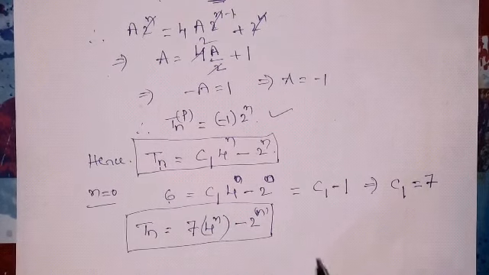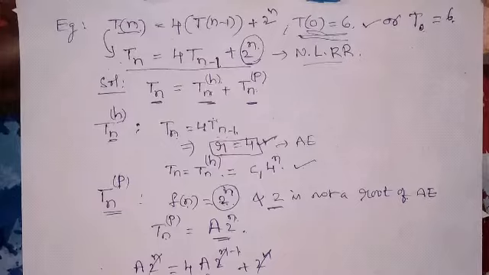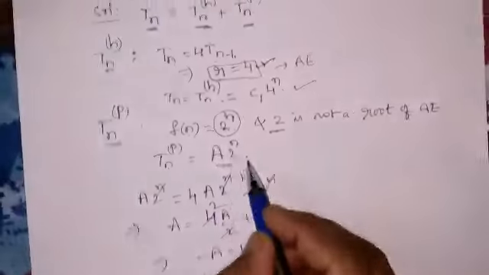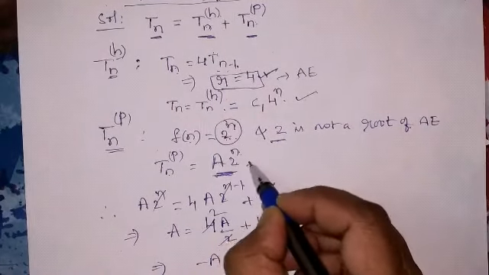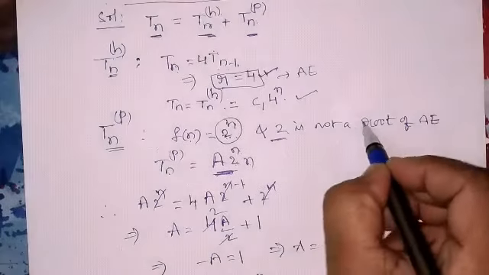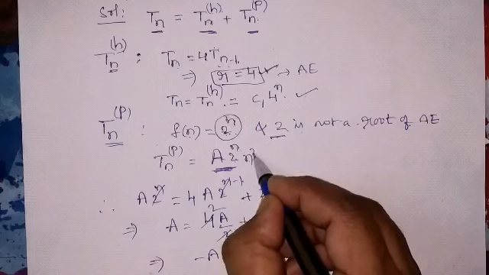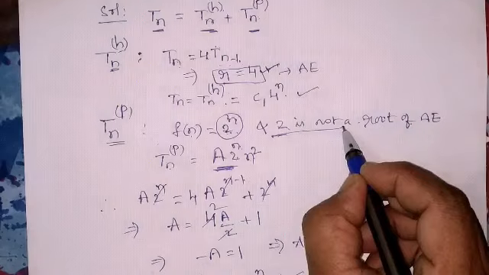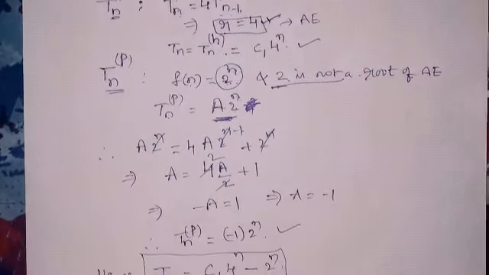Suppose in our problem we found that 2 is a root of the auxiliary equation one time, then in our assumption of the solution we would have taken a 2 power n into n. If 2 is repeated twice, we should take here n square. And in this particular problem, because 2 is not a root, we should not write this n square.